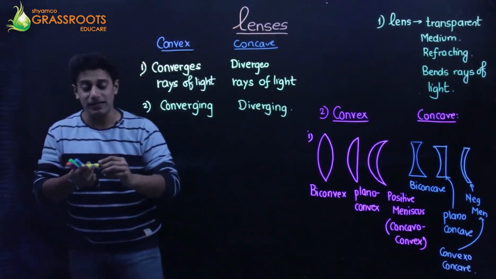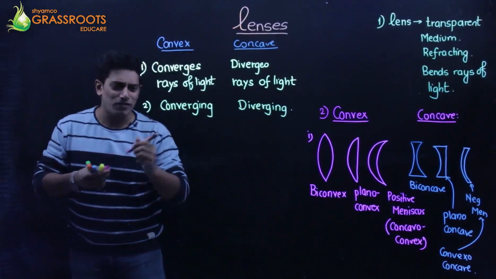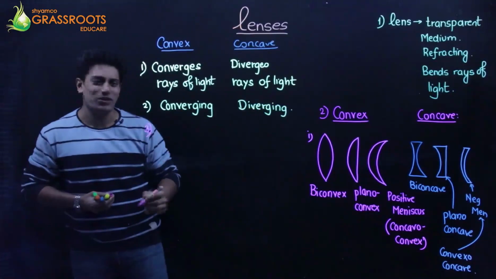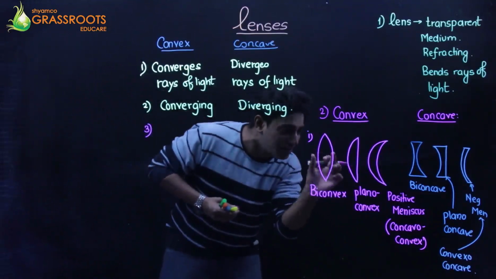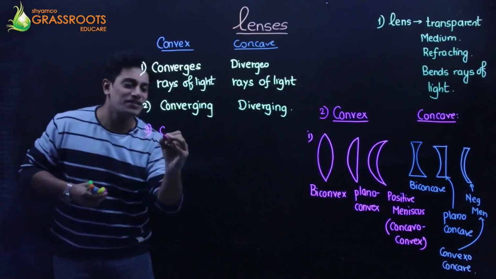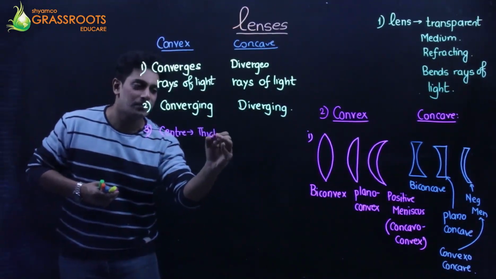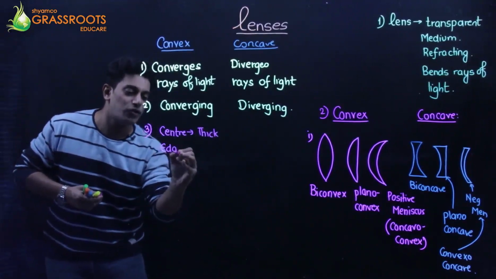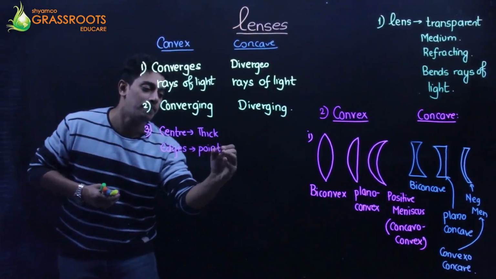बराबर है, अच्छी बात है. What more can you speak about a convex lens? Convex lens का अगर स्ट्रक्चर की बात करोगे, ध्यान से देखो, can I say the central portion is thicker and the edges are pointed? So I can say the center of a convex lens is thick and the edges of a convex lens are tapered, pointed.